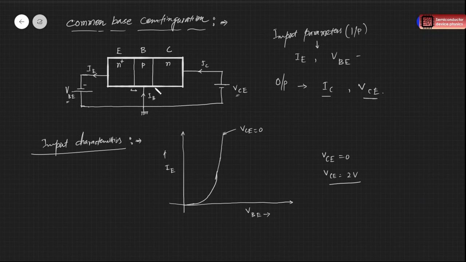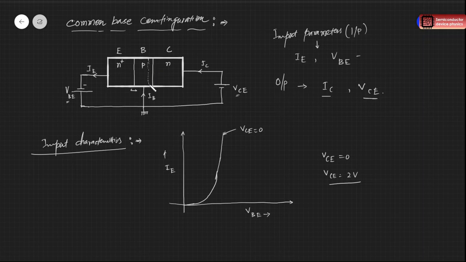It was not biased at 0, and we increase the reverse bias voltage. It could be 2 volts, 10 volts. As we increase the reverse bias voltage, the depletion width in the base-collector region increases.